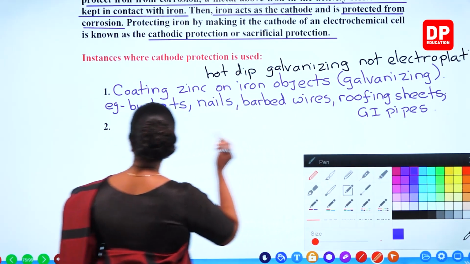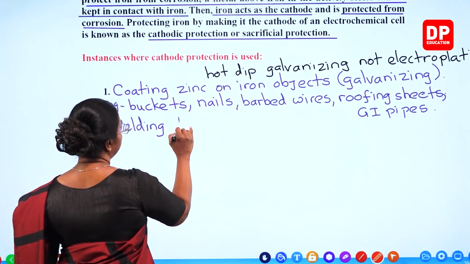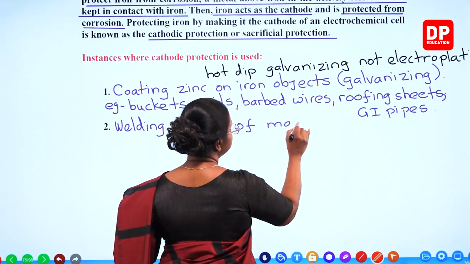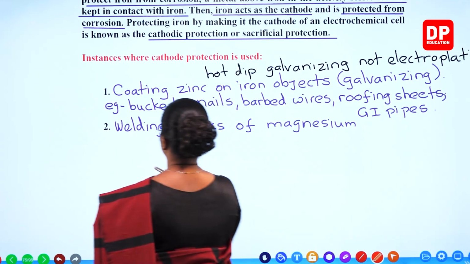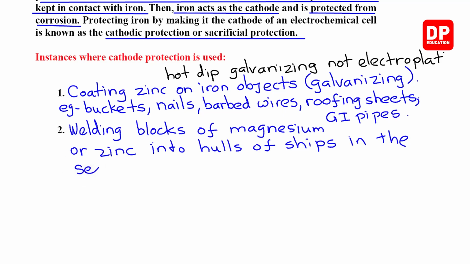Then the other one, welding blocks of magnesium or zinc into hulls of ships in the sea.